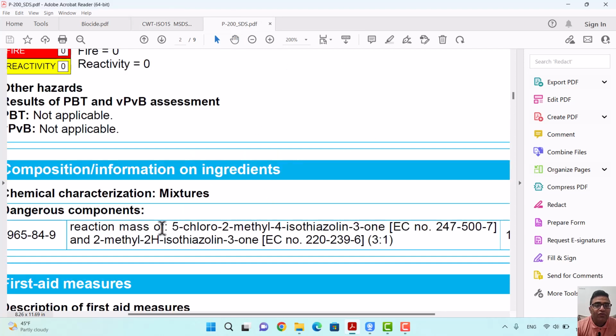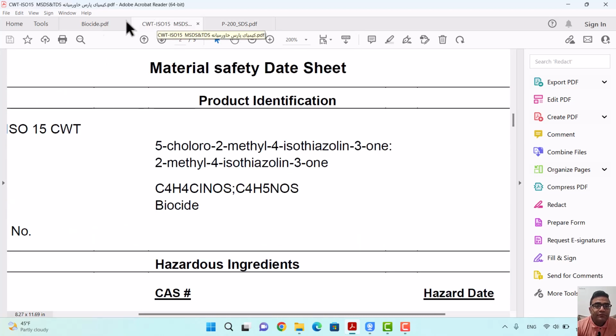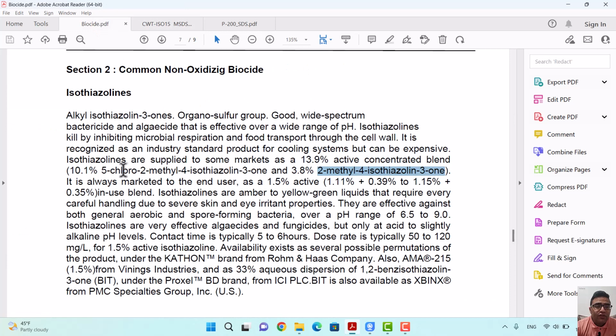The same happens for this one, 5-chloro-2-methyl-4-isothiazolin-3-one and 2-methyl-2H-isothiazolin-3-one.